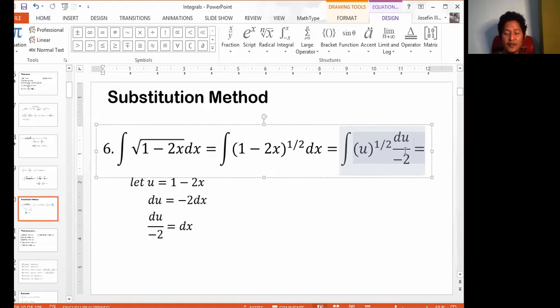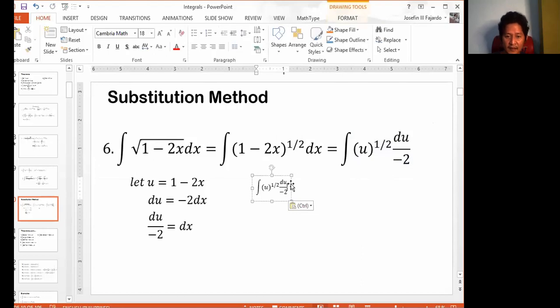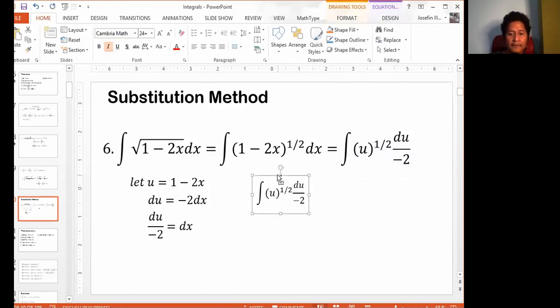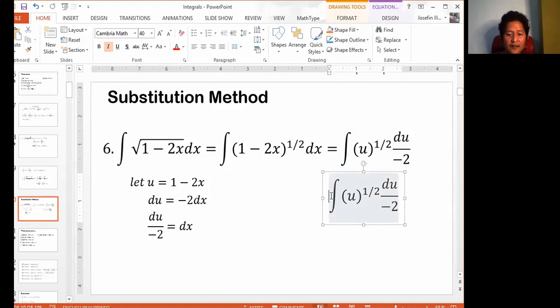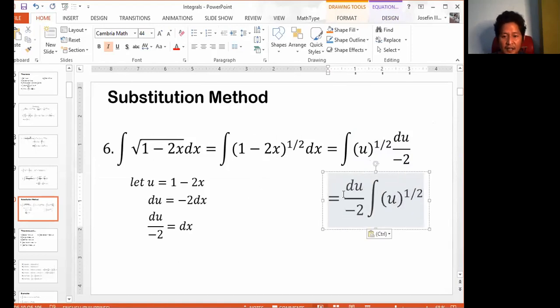Now, theorem number 2 natin, yung constant multiple. Dahil itong 1 over negative 2 na to, constant lang siya, pwede na natin siyang ilabas. Okay? So ilalabas ko si negative 1 half.